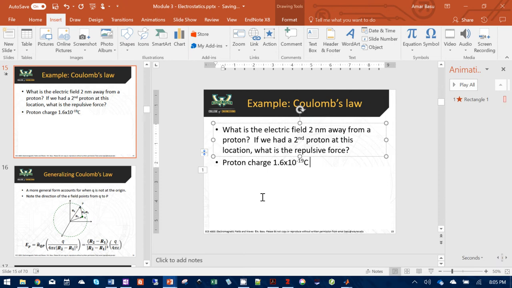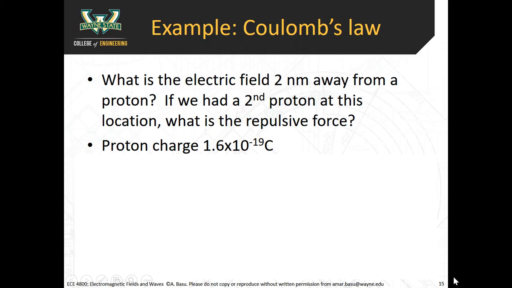All right, so everyone give this problem a shot. What's the electric field 2 nanometers away from the proton? This is in vacuum, yes.